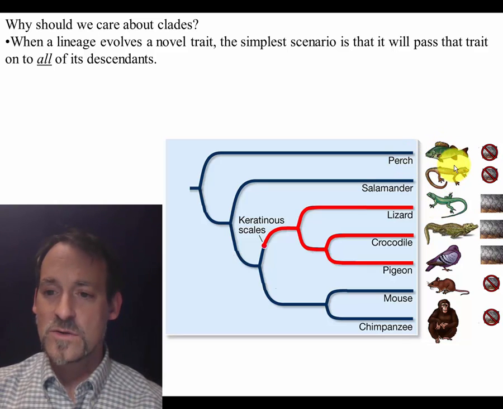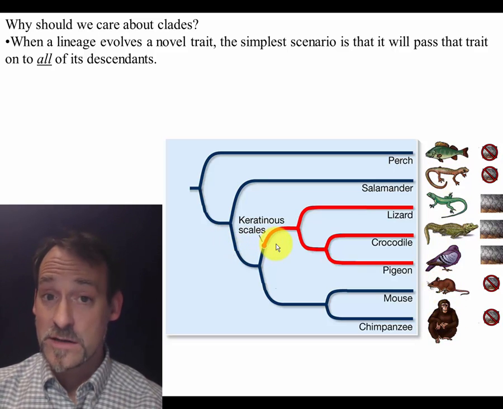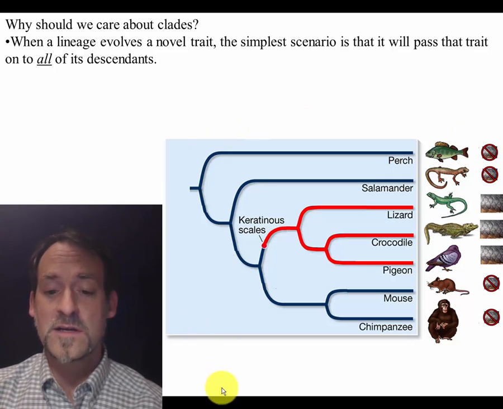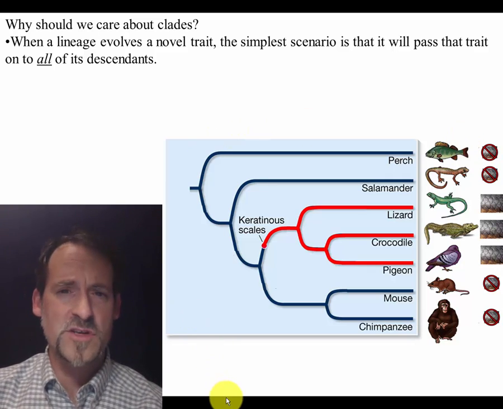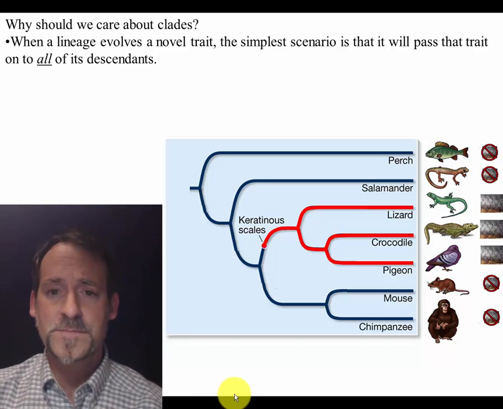The reason that organisms like fish and salamanders and mammals do not have scales made of keratin is because they are not descended from this lineage right here. Fish have scales, but they're actually bony scales. They are formed from the dermis rather than the epidermis, so they're actually quite different from the scales that you see in reptiles and birds.